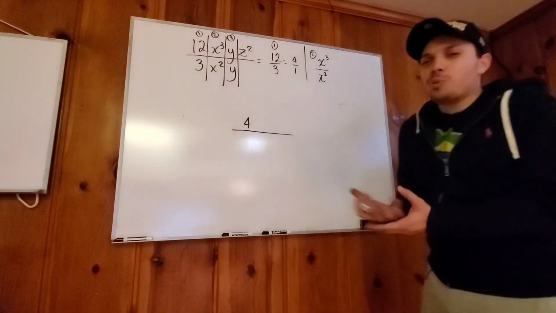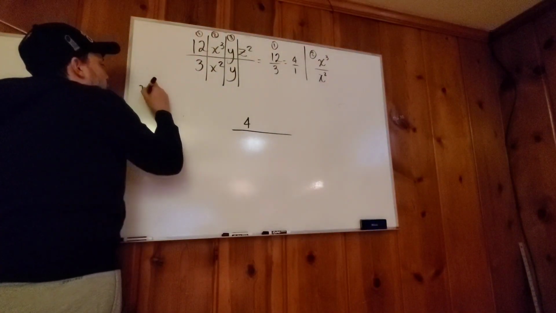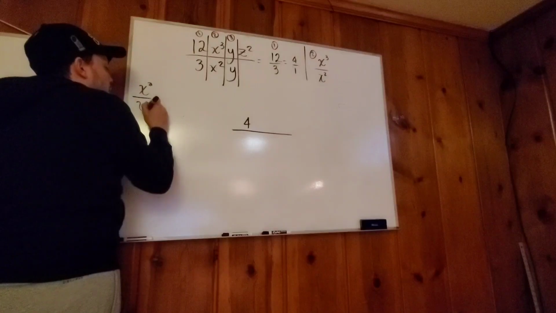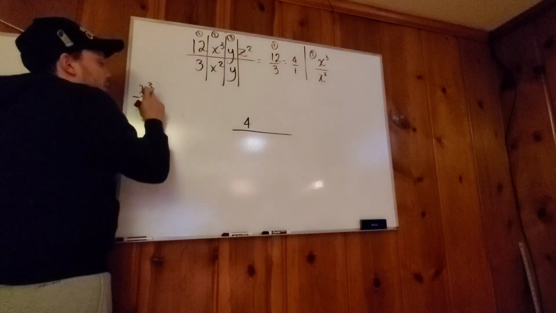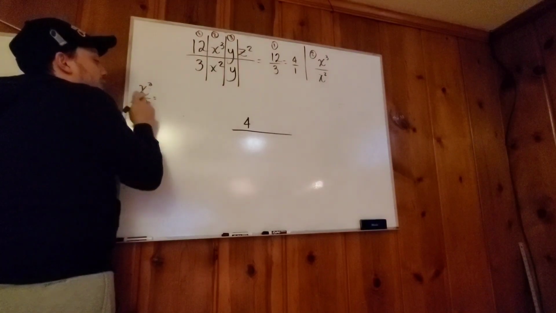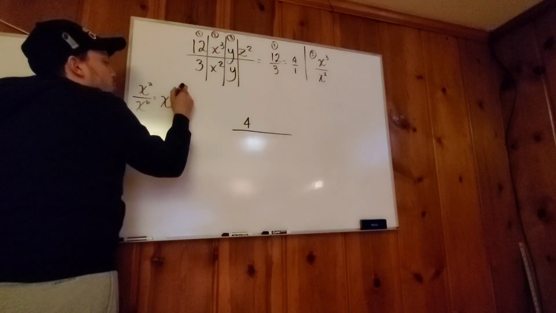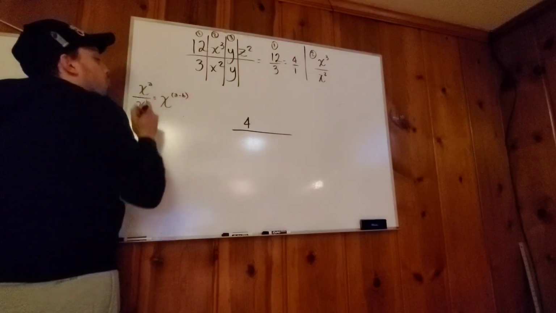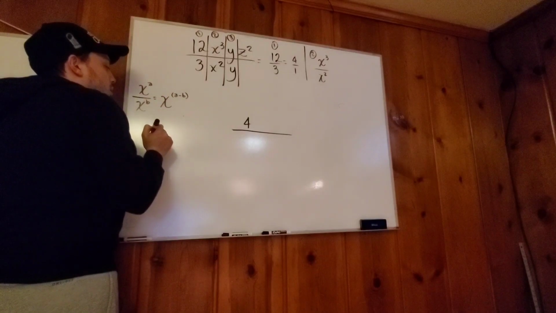And I have to always remind you of the properties of exponents, that you have x to the a power over x to the b power. The property of exponents says that if we have the same base, different exponents, and it's being divided, we're going to leave the same base and we're going to subtract the exponent in the numerator by the exponent in the denominator, or the exponent in the top by the exponent in the bottom.